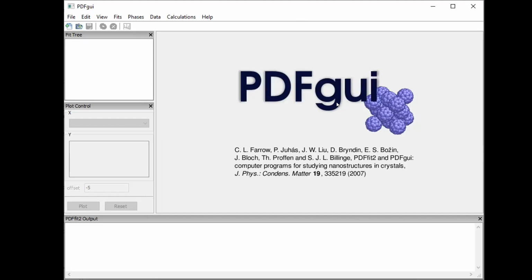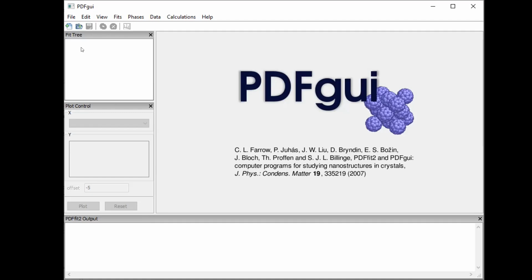If you still remember the procedure, we input the GR file of the nickel, and we fit the nickel standard data against the nickel structure, which is a very simple FCC structure. The purpose is to obtain two parameters. One is Qdamp, and the other is Qbroad.